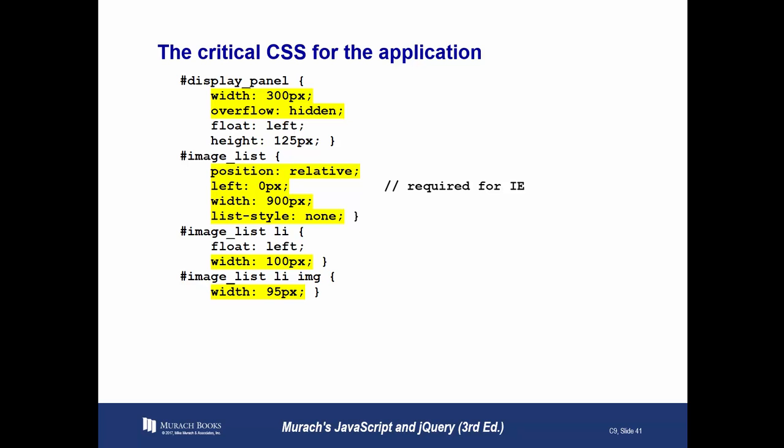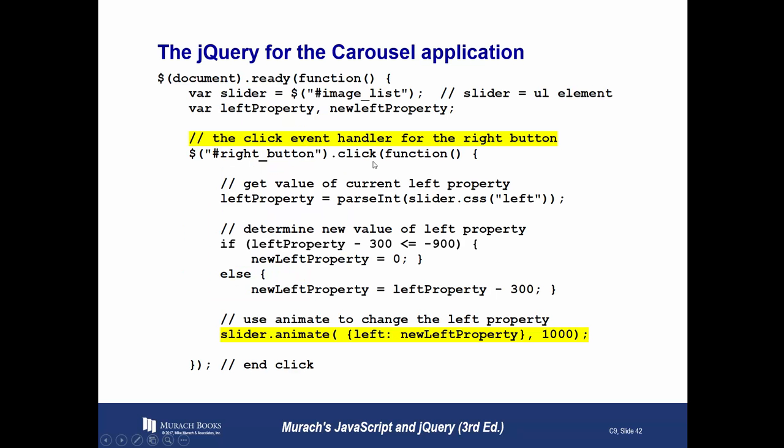Here's the critical CSS, and you'll notice there isn't too much of it. Not only that, some of this stuff is required for Internet Explorer. The magic, so to speak, is the jQuery that is shown in the book on page 285. The jQuery consists of 2 event handlers, one for the right button and one for the left button.